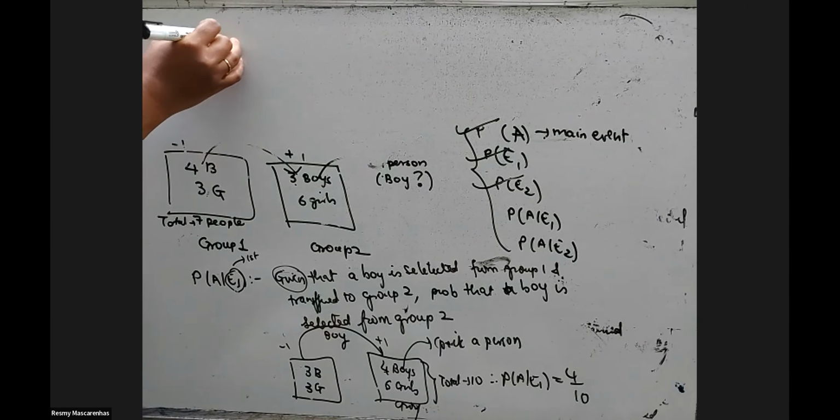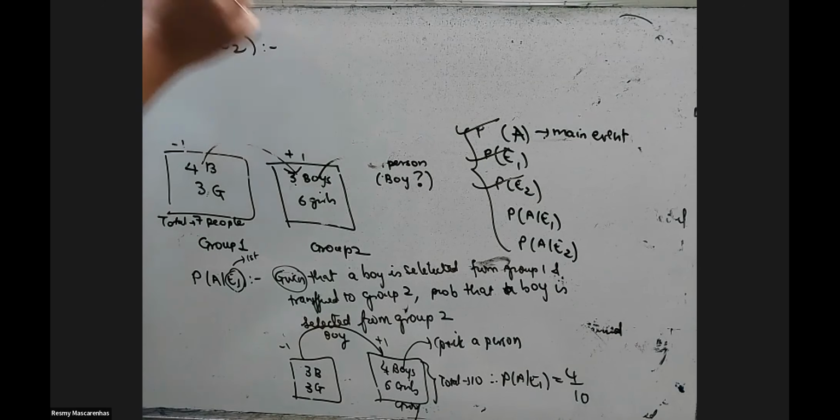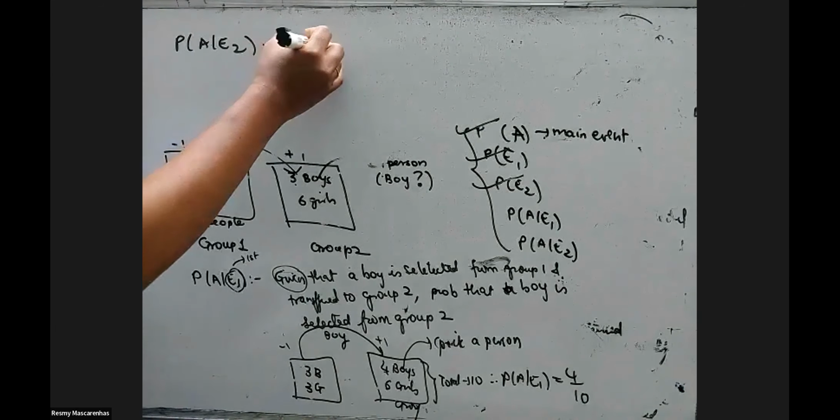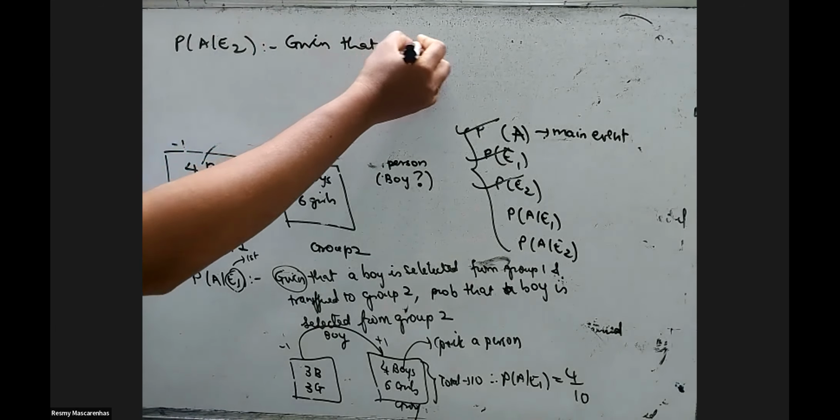Then P of A upon E2. What is E2? E2 is given that a girl is transferred.